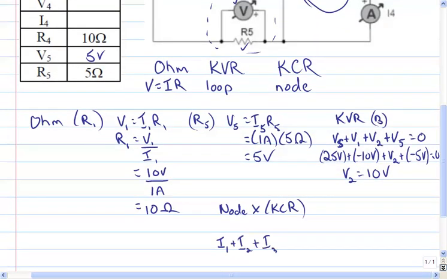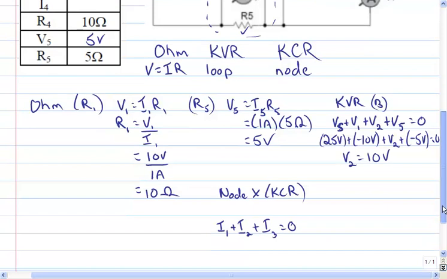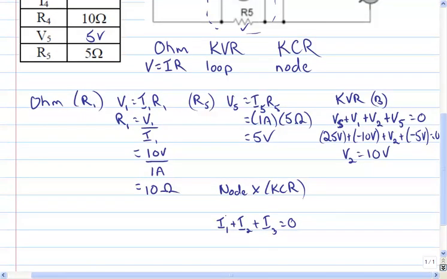That's the current rule. If I look at current going in as a positive current, I've got 1 amp. Current coming out, I'll consider that a negative. So 1 minus 0.5 amps plus I3 equals 0.